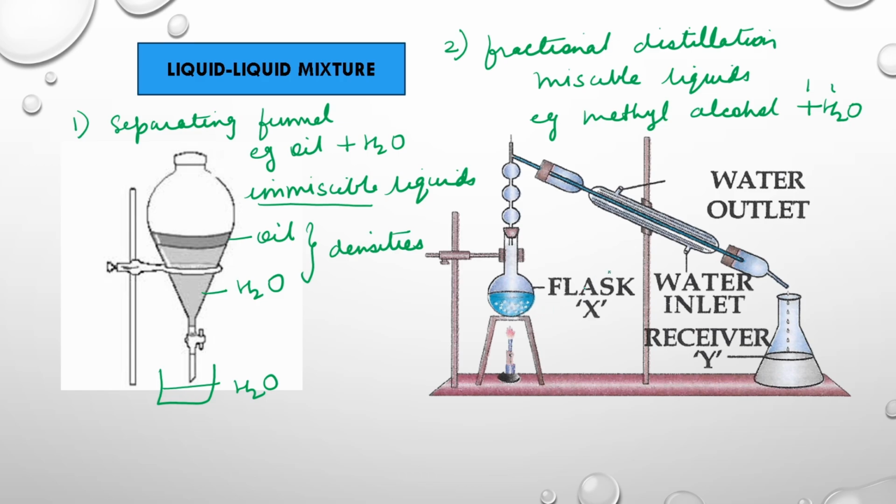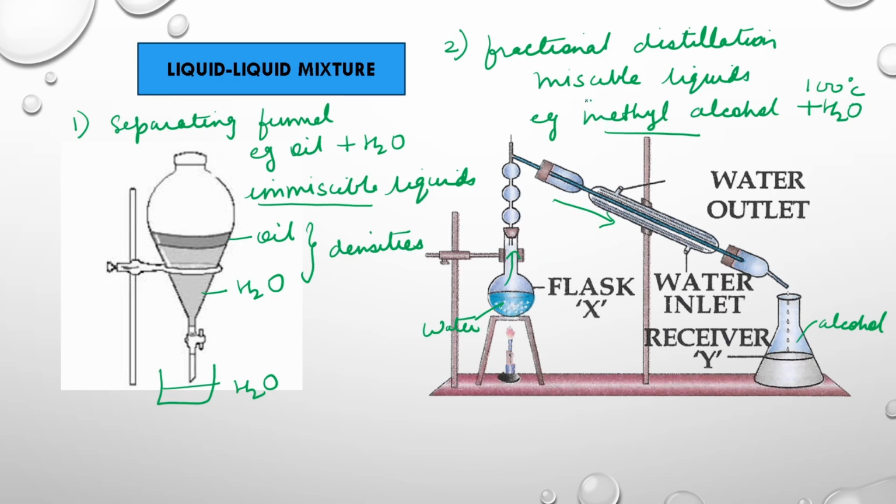So here, when we take the mixture and heat it, what will happen? Methyl alcohol having lower boiling point as compared to water, its vapors will rise, it will move in the condenser, and alcohol will be collected in the receiver, whereas water will be left behind because water has a higher boiling point as compared to methyl alcohol.